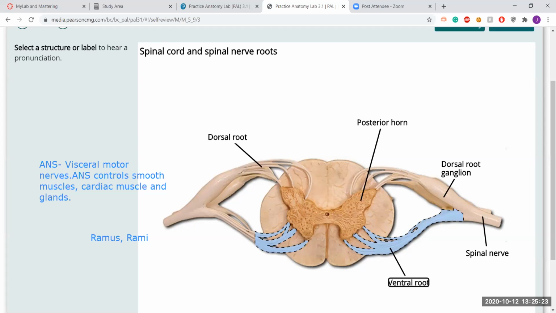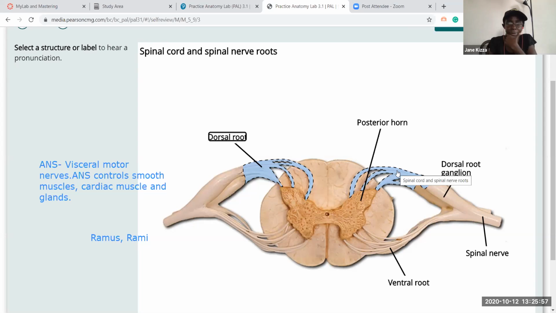I'm going to ask you guys again. The region posterior horn is sensory or motor? Sensory. The ventral root is sensory or motor? Motor. The dorsal root is sensory or motor? Sensory.